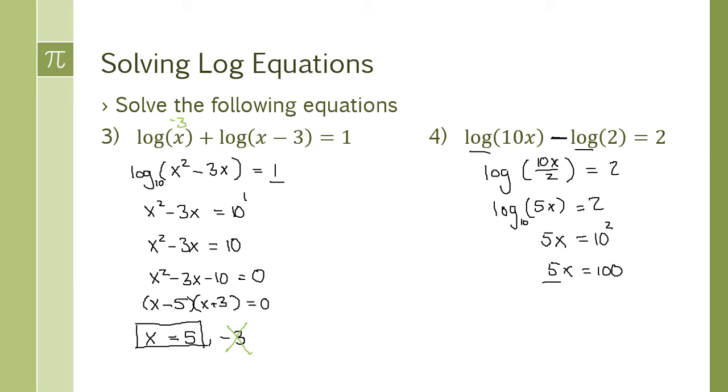And then to solve for x, we just have to divide both sides by 5 and end up with x equals 20. And for this one, if I try to plug it back in for my argument here, 10x, 10 times 20 is going to be 200. That's a positive number, so I know that this is a real solution. X equals 20.